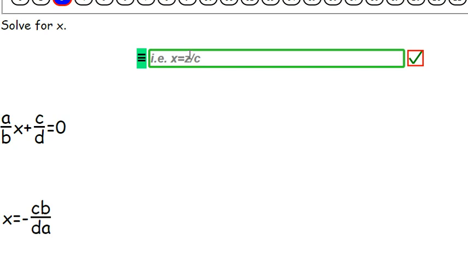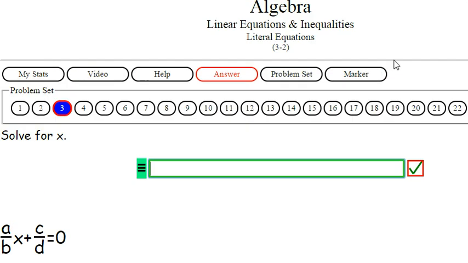However, remember that this box is only programmed for one possibility. x is equal to negative. Now we'll have to put the top in parentheses. No, technically we don't, and I'm not sure how I programmed it, so I'll let you figure that out. Anyway, as long as you understand how to solve for x in this problem, I don't want to waste any time on that. I'll let you try to figure that out.